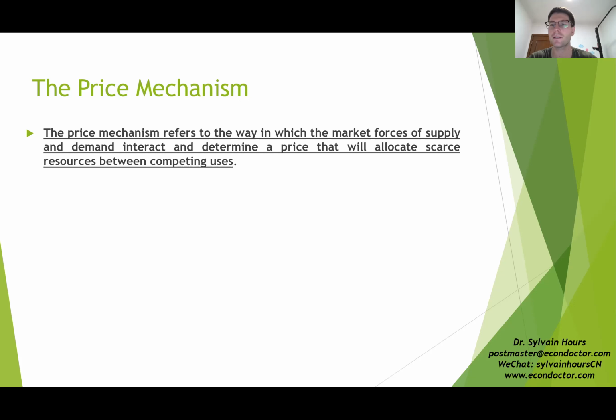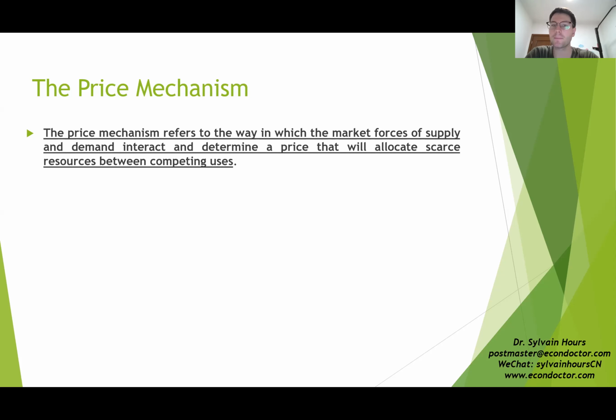Price mechanism is the way in which the market forces of supply and demand, which are driven by what people want to buy and what firms want to sell, essentially, will interact and determine a price. Okay, supply, demand, boom, when the market is in equilibrium, we have the equilibrium price.